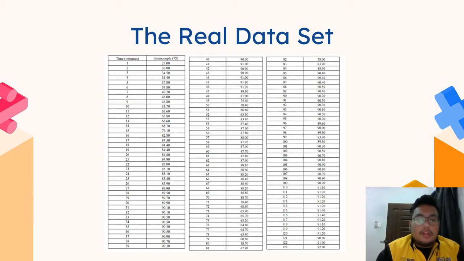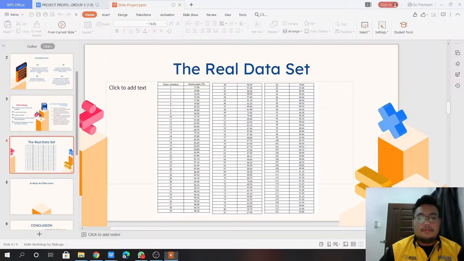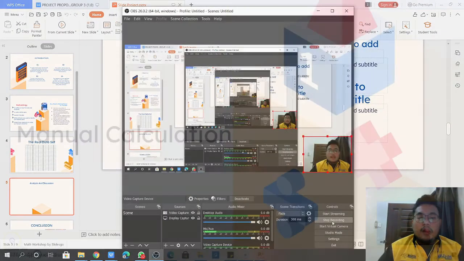For time, we set the independent variable, and for the thermocouple or thermosensor, we set the dependent variable. That's all.